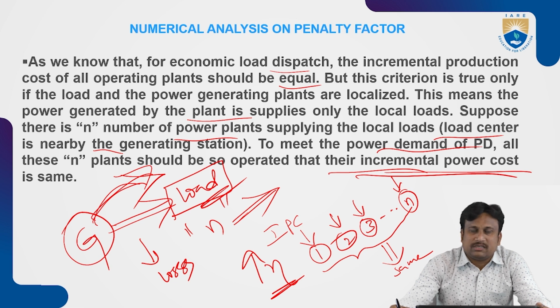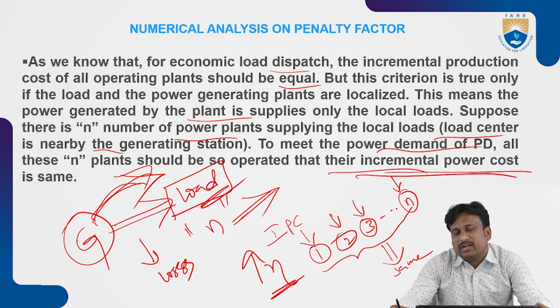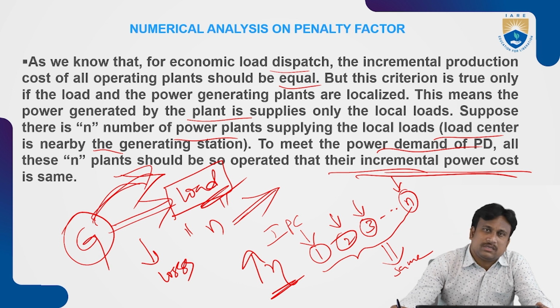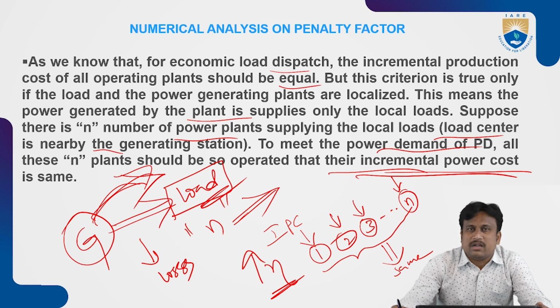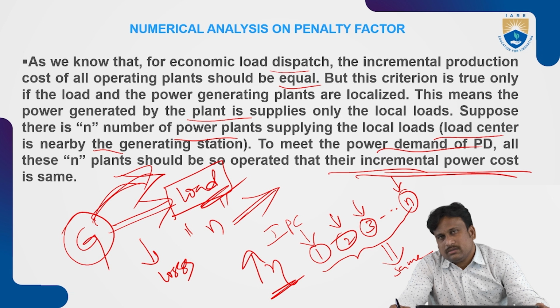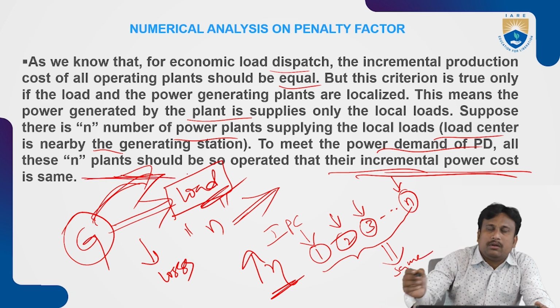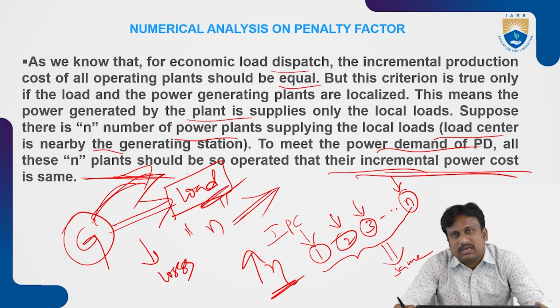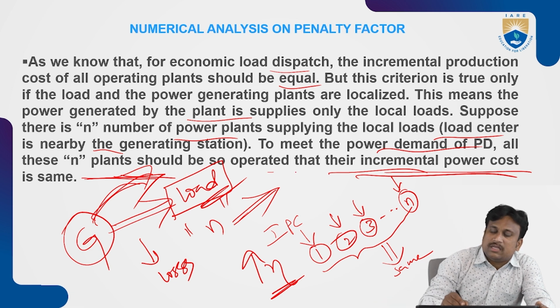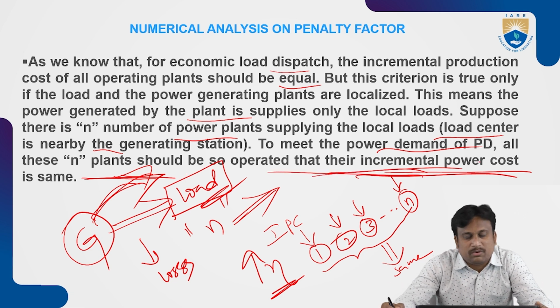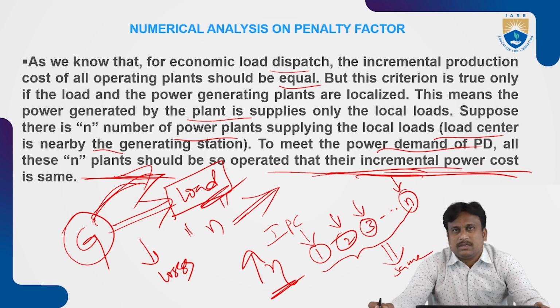In some locations it may be away from the generating station, in some conditions it may be nearest, or even though the condition exists, due to circumstances it may not be ready to supply power to the nearest load requirements. Only when it is the nearer load case can we say that the operated incremental power costs are the same.